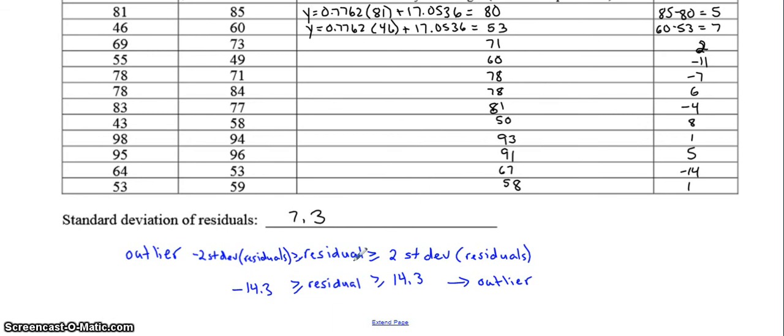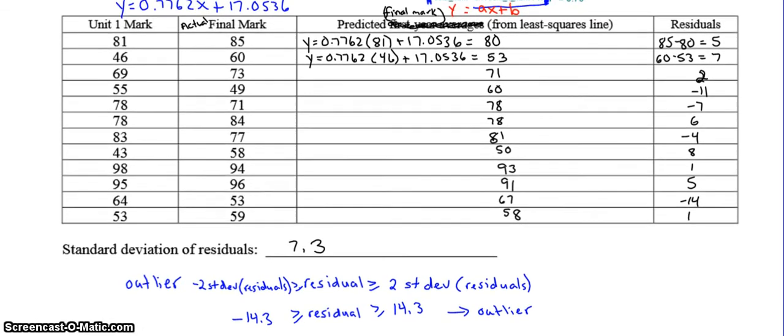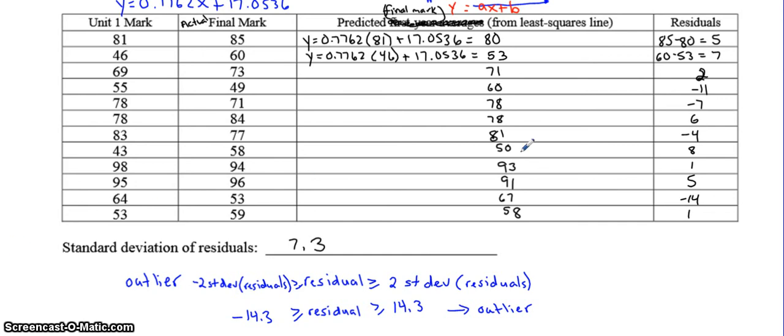So do we have any residuals that are bigger than 14.3 or less than negative 14.3? Doesn't look like it. We got one close, but it's not bigger than 14.3, so there are no outliers.